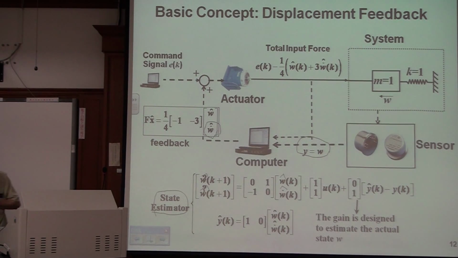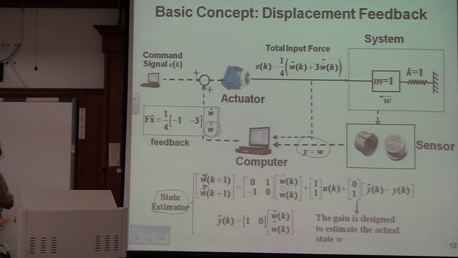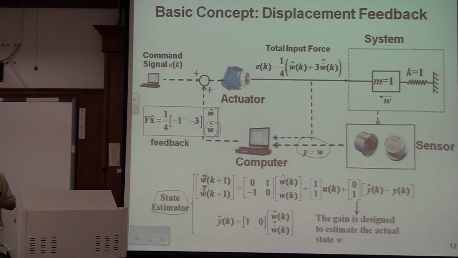So this is only the two-state case, W and W dot. Some systems might have 50 states, 100 states, or 60 states. That's a lot of states, and you have only one measurement. In that case, that one measurement has to estimate the other 59 states for you to feed back.